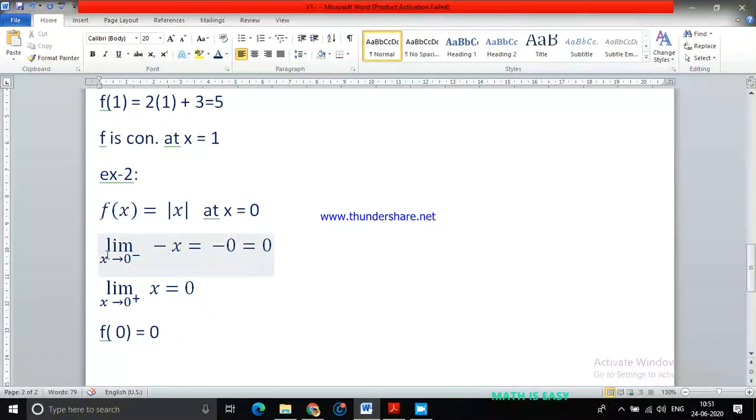Okay, so here I used the definitions of modulus. x tends to 0 minus means left side of 0. I repeat, left side of 0 is the negative x-axis. If x is negative, then the definition says mod of x equals minus x when x is negative, so I replace mod of x as minus x.